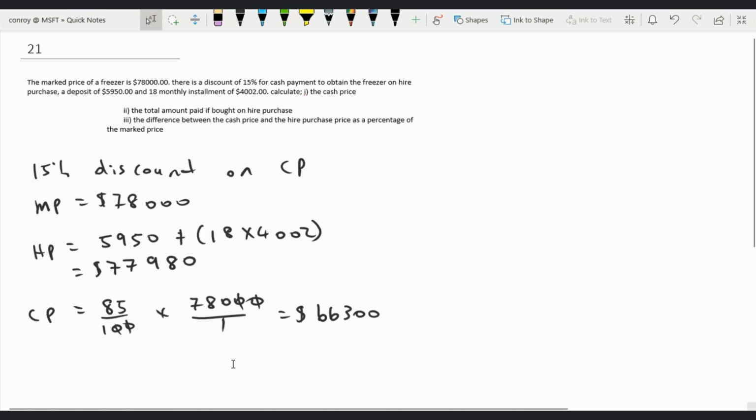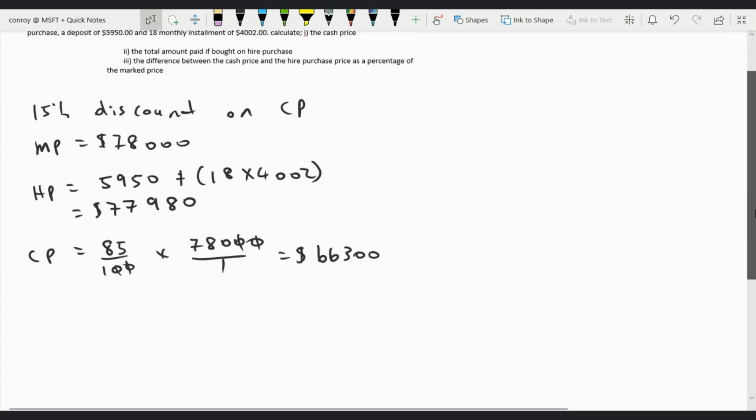Right. So what they ask us now to do is to find the difference between the cash price and the hire purchase price. So cash price is this, hire purchase price is that. We're going to say 77,980 minus 63,300.